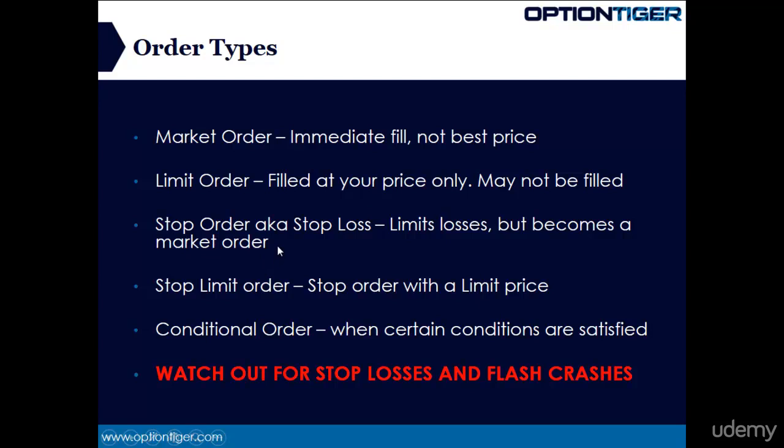But in a disorderly market, that market order may not find a price until it's much lower. So I'm going to show you an example of this flash crash and also an article that I did on my blog, because many investors lost their money on this particular day. So we'll go see that as well.